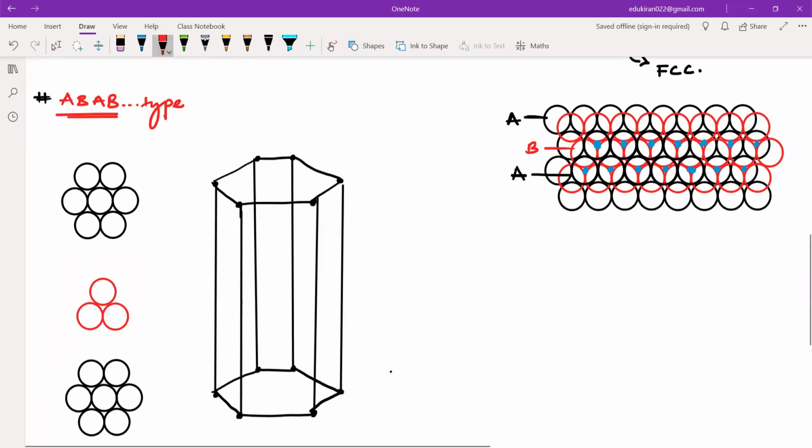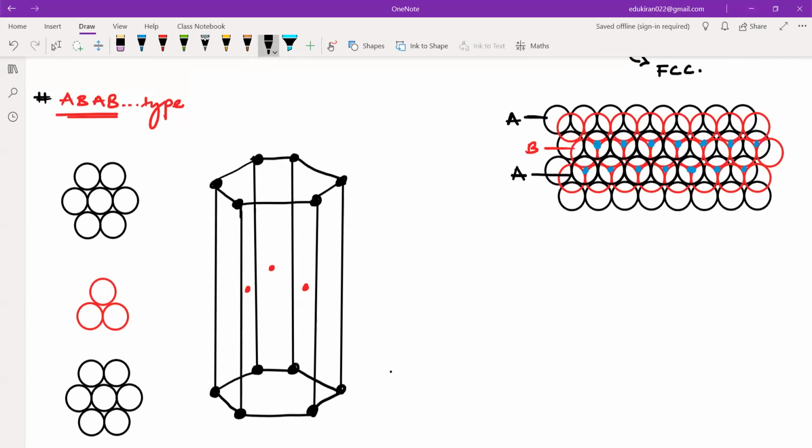Okay, and inside we have 3 red atoms. Let me highlight the black one even more so that we can understand. Okay, fine.